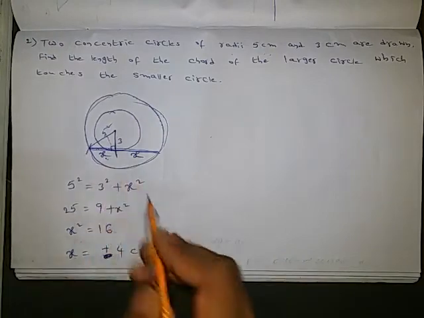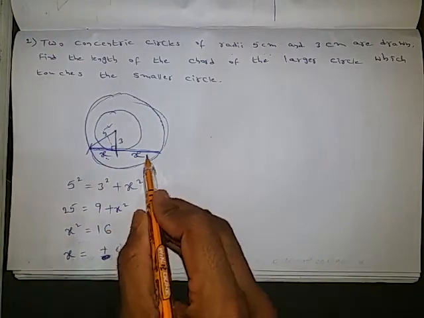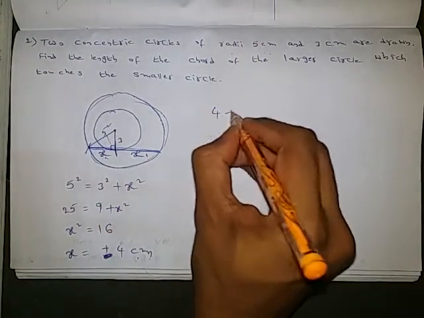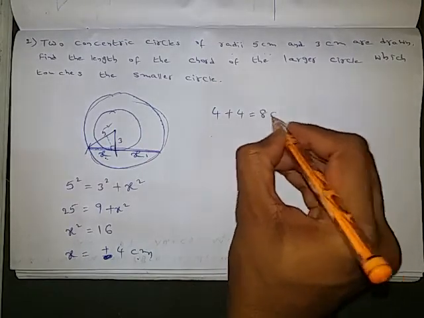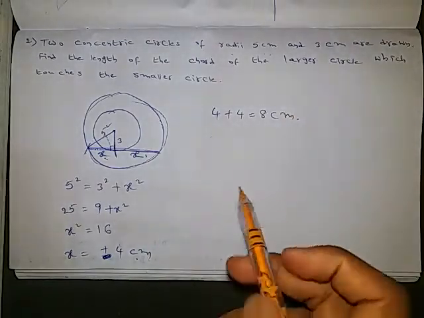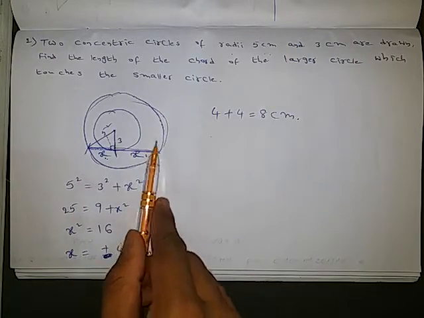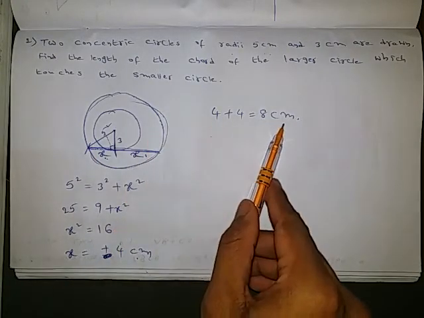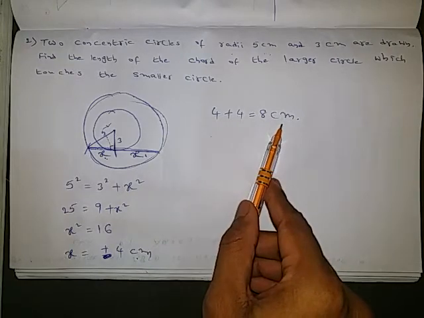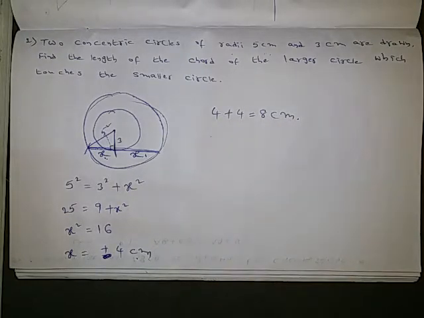This x value we got as 4. So then this x value is also 4 only. So 4 plus 4 is equal to 8 centimeters. The length of the chord of the larger circle which touches the smaller circle is 8 centimeters. Let's move to the next question.